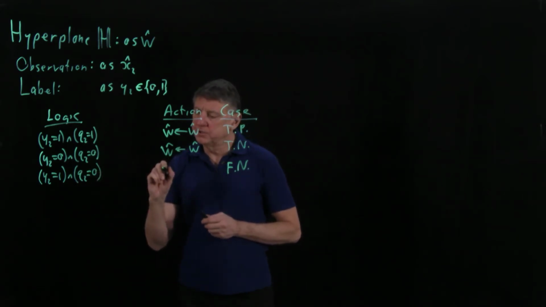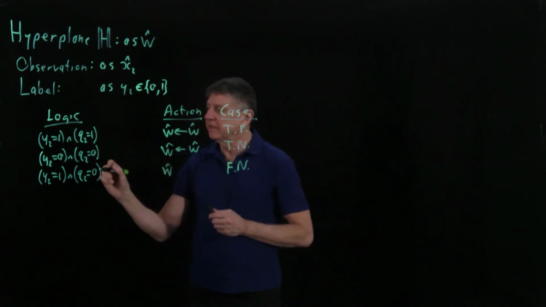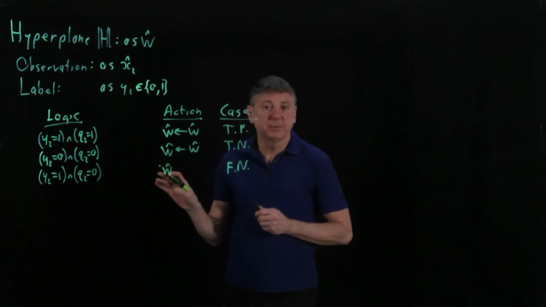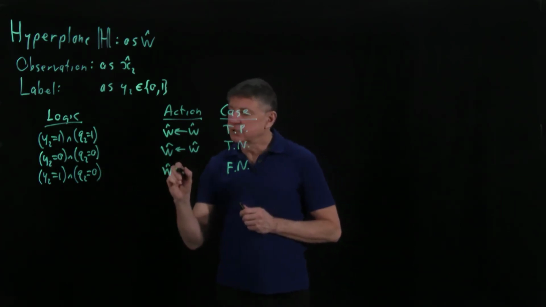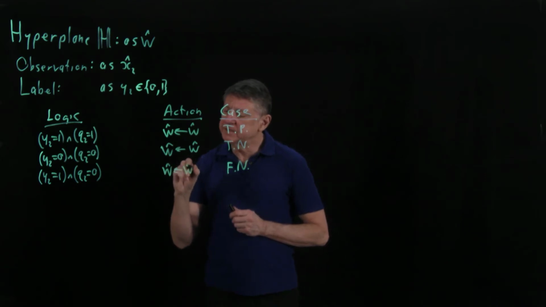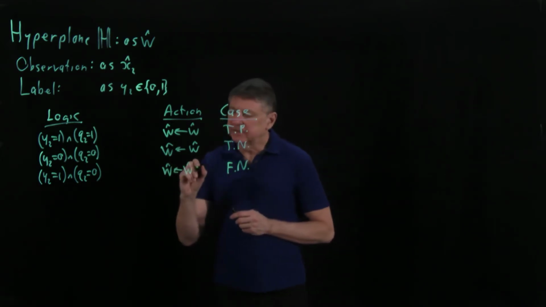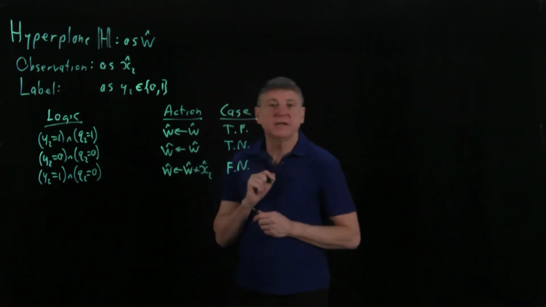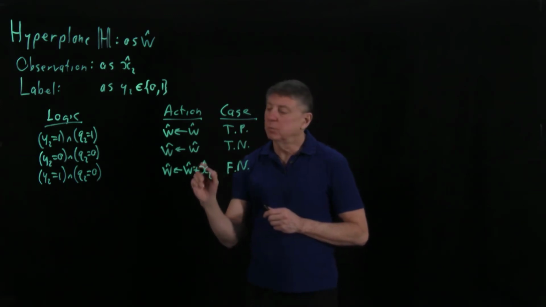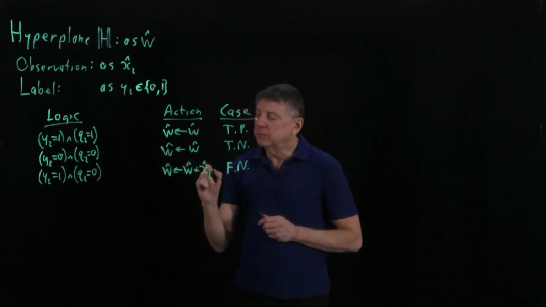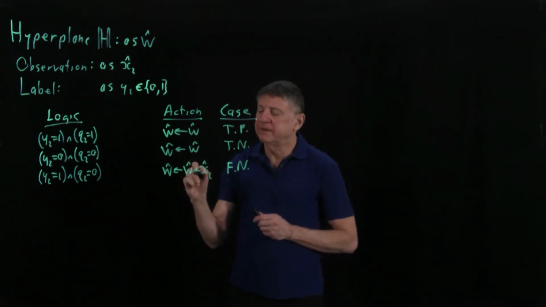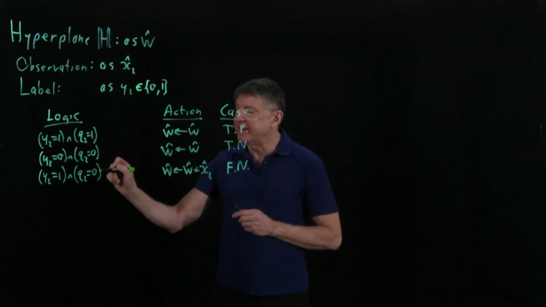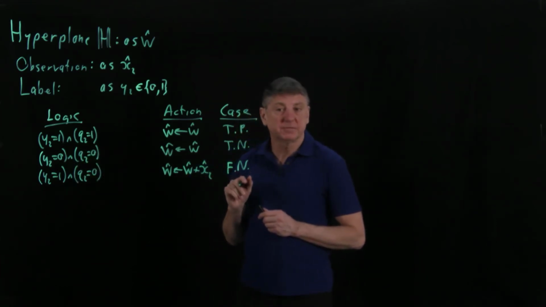I want to move the hyperplane. If it is classified as being a 0, then that means my hyperplane is too far in the negative direction. So what we want to do, and this is the key to the perceptron algorithm, is add the data vector. And what that will do is move our augmented weight vector a little in this direction so that we're trying to get this from being a negative towards being a positive.